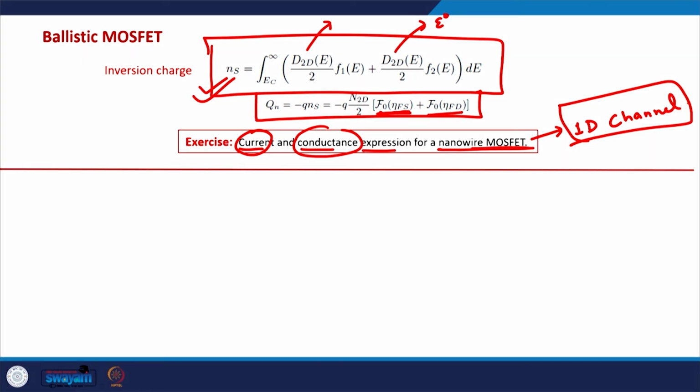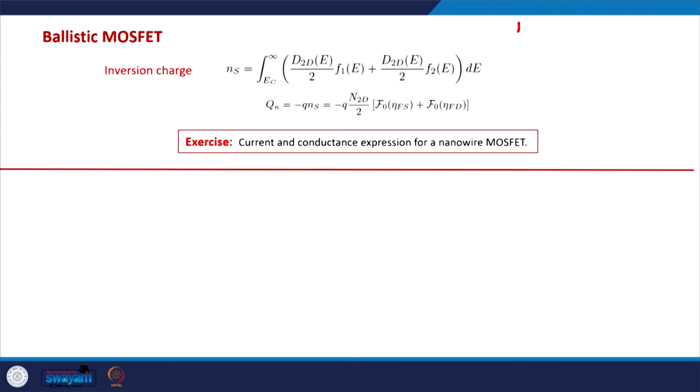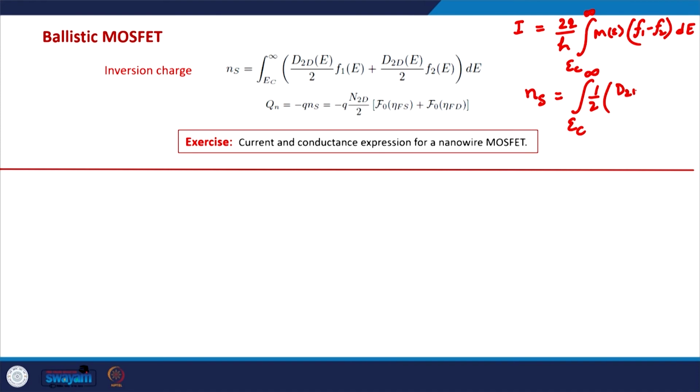So in summary, what we have seen so far is that by using this expression for the current, 2q by h, integral from EC to infinity of M(E) times (F1 minus F2) dE, and by using this expression for the charge density, 1 by 2 times the integral of D2D(E) times F1 plus D2D(E) times F2 dE, we can understand the steady state charge and steady state current in the device.